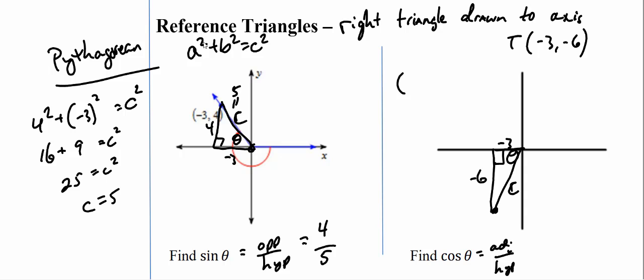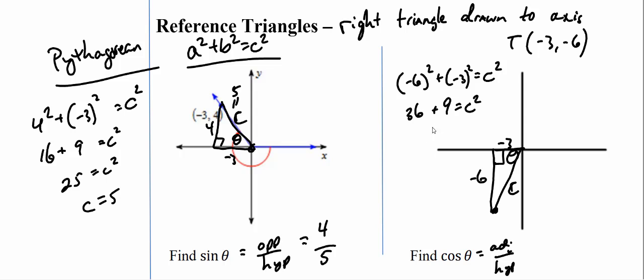So I'm going to go back to my handy-dandy Pythagorean theorem. (-6) squared plus (-3) squared is equal to c squared. This here is 36 plus 9 is equal to c squared. This is 45 is equal to c squared. And therefore, c is equal to the square root of 45.